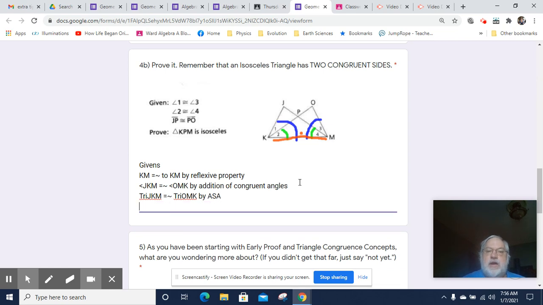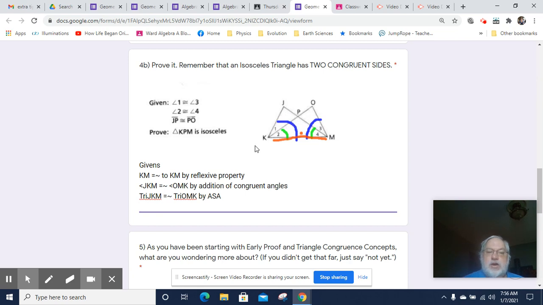Okay, and now we can say that JM and OK are congruent, that's what we need because we need to prove that PM and PK are congruent.